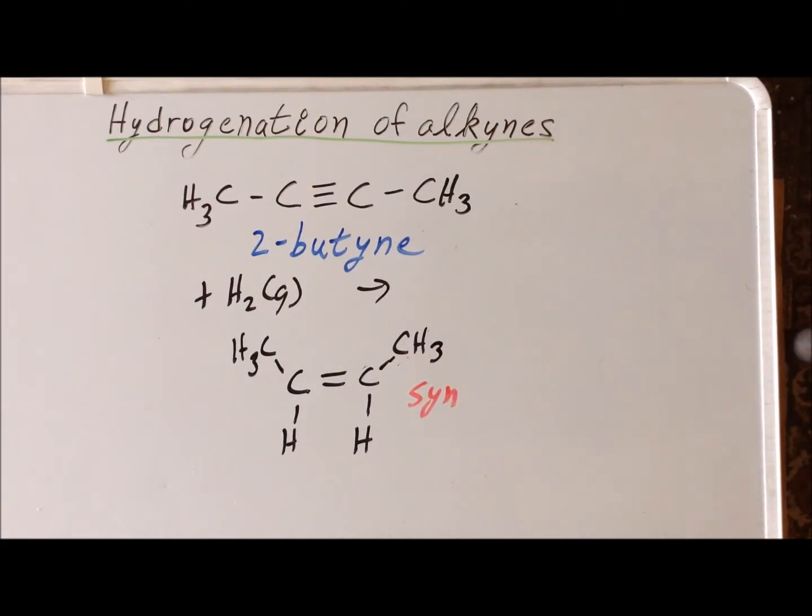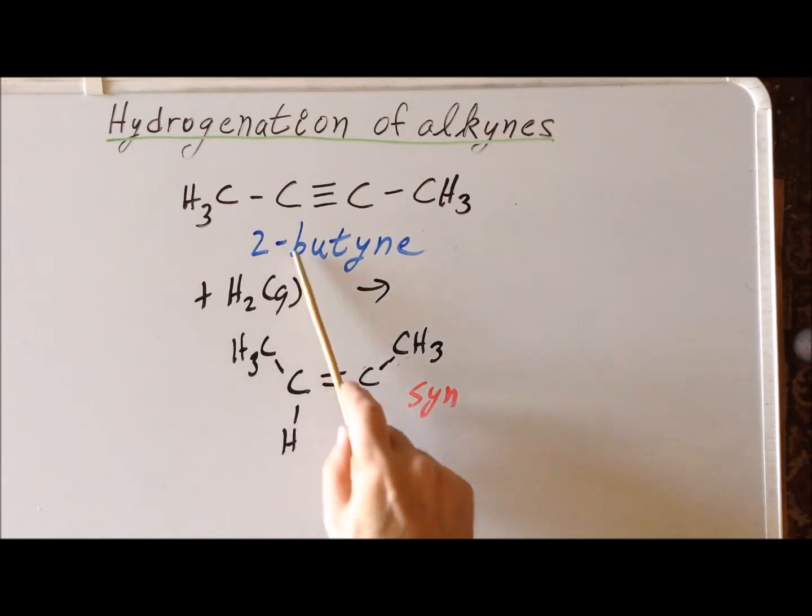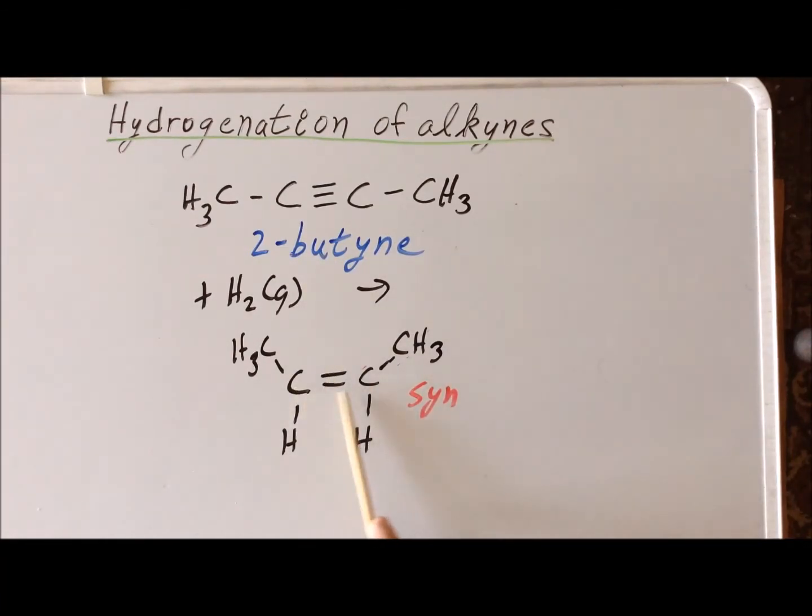So what would we call this particular product? Well, we see we have 4 carbon atoms, so we know it has to be a but-something, and since it has a carbon-carbon double bond, it must be a butene. And since it's between the 2nd and 3rd carbons, it must be 2-butene.